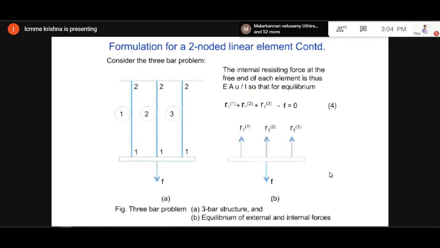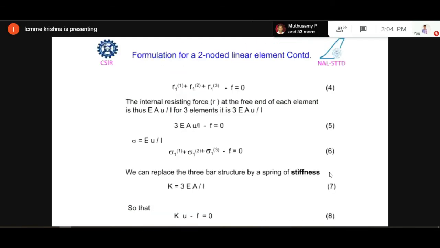There is a resisting force in all three of them, and one force acting downward. So we have an equilibrium, and this is how we draw the free body diagram, where forces are equated in equilibrium.